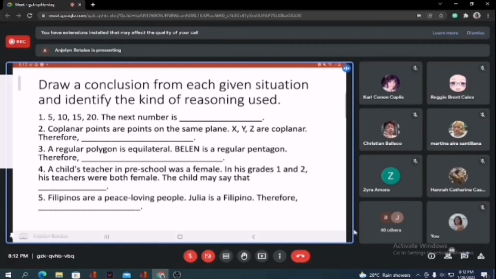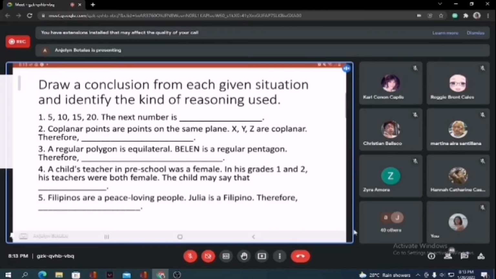Inductive goes from specific to general: specific examples, then you make a general conjecture. Deductive goes from a general statement, definition or fact, and you deduce a specific statement.